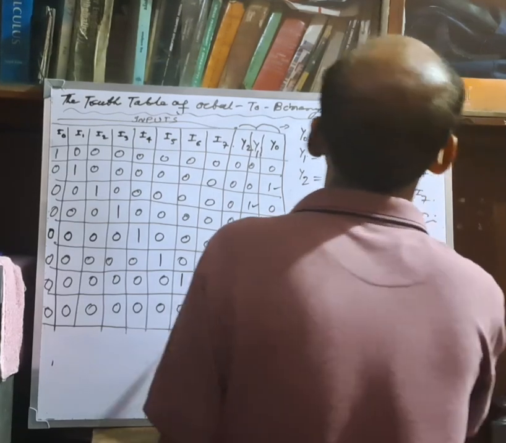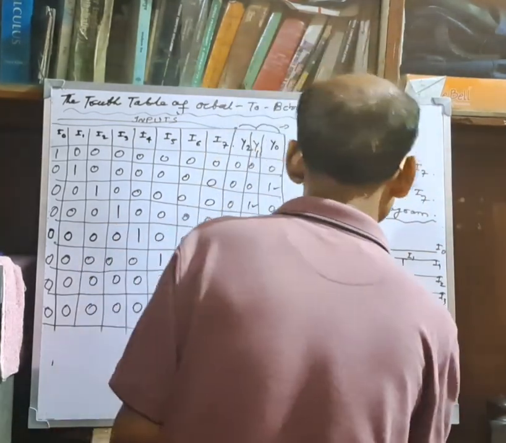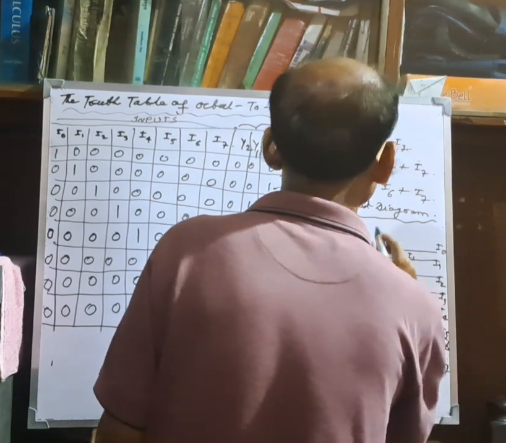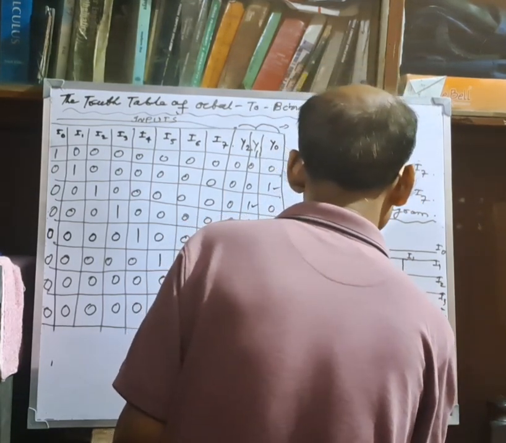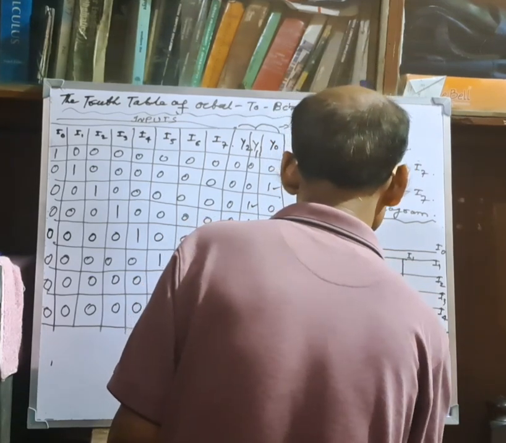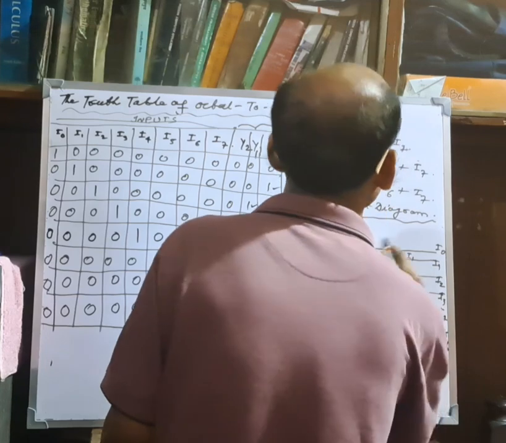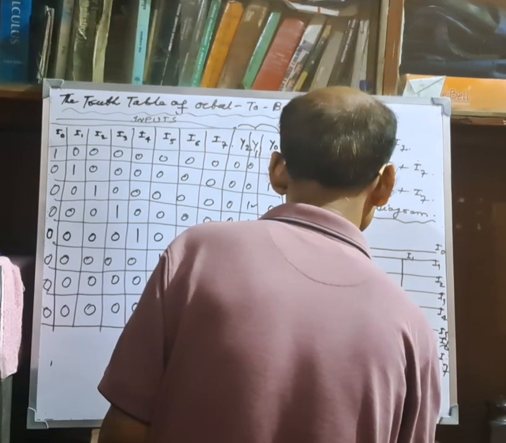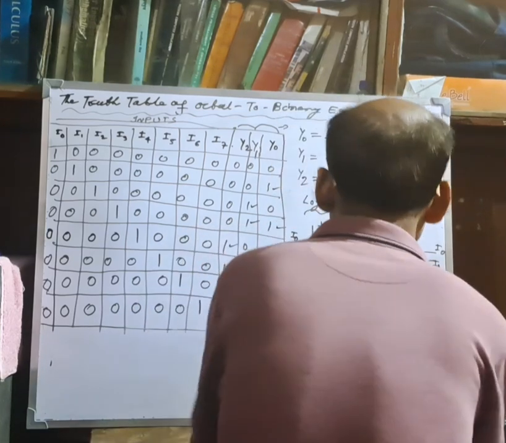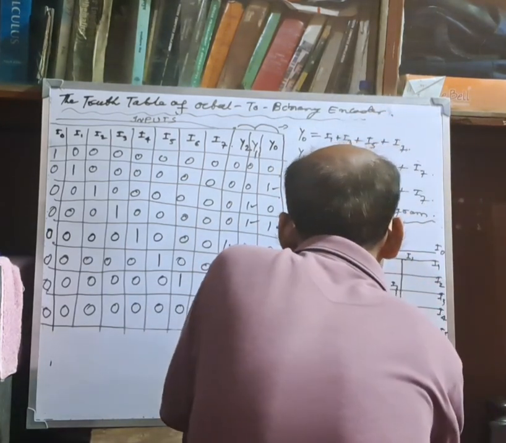Clear? And this is I4, this is I4, this is I4, and this is I5, and this is I6, and this is I7. And actually this is I5, and this is I6, and this is I7.